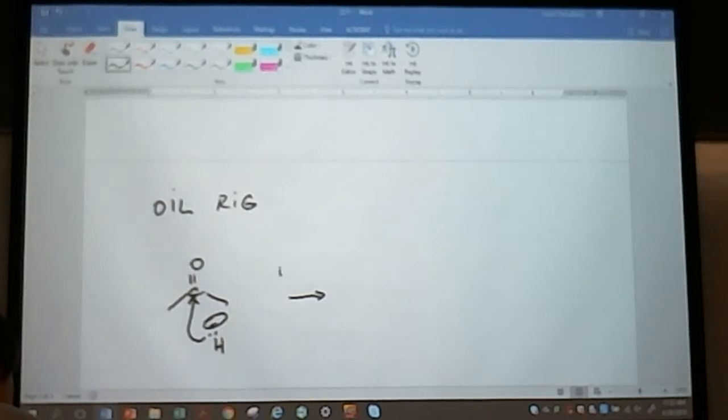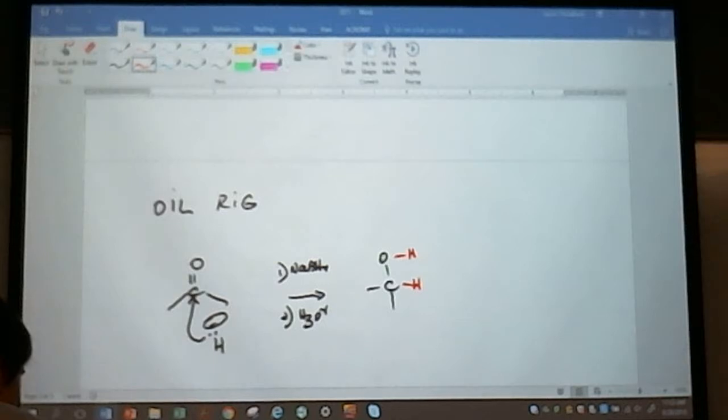And so, right? First you come in with, say, sodium borohydride, and then you quench, and at the end of the day, you have reduced. You have reduced because you have added hydrogen, but hydrogen with electrons, okay?